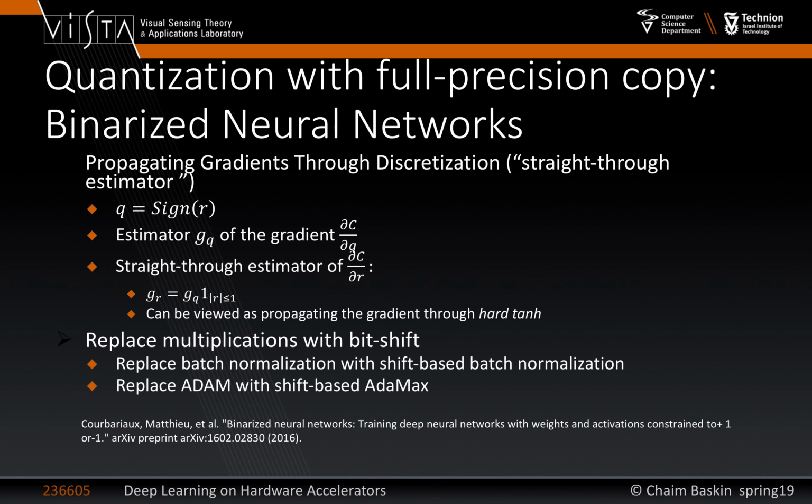Great. A few highlights of this work: we are propagating gradients through discretization, so straight through. This work proposes a way to propagate gradients through discrete numbers. They define Q as a sign function, then estimate the gradients of the quantization, and then they do rounding.